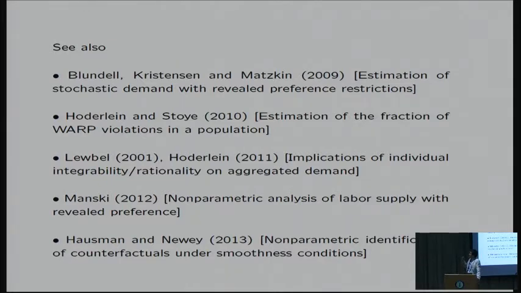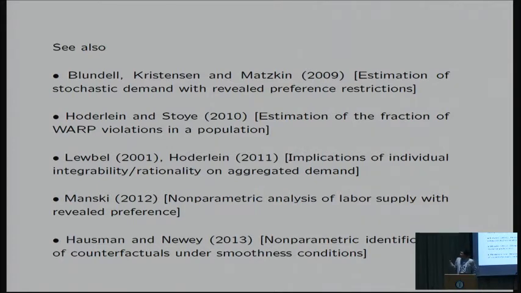I should mention that. And also Lewbel has, with this paper by Hoderlein, considered the implication of integrability and rationality for aggregate demand. So that's clearly related to what we are doing here.